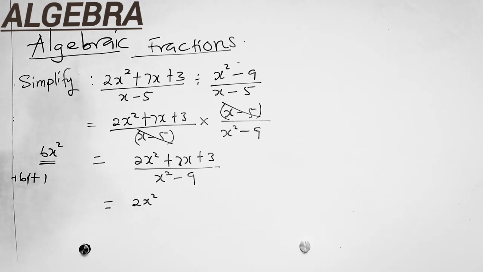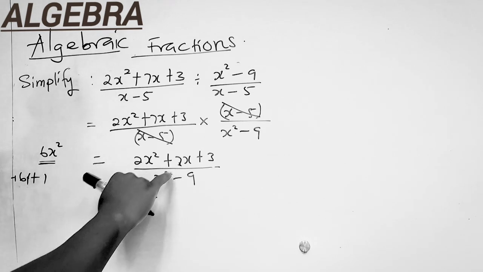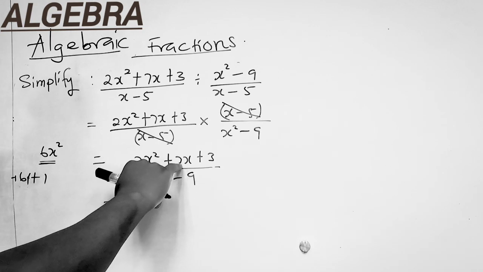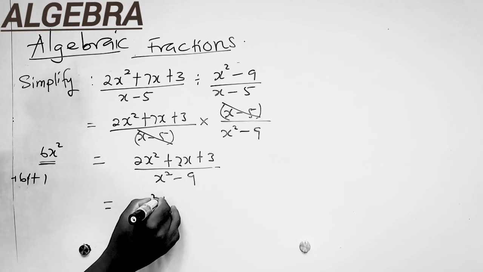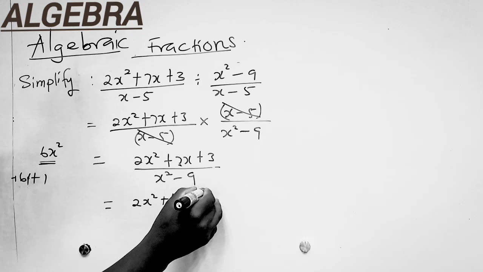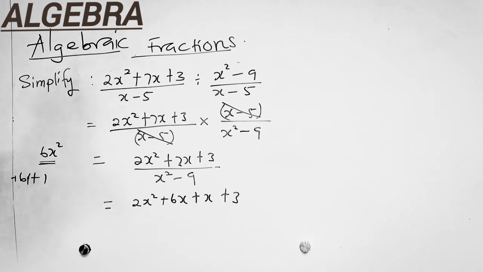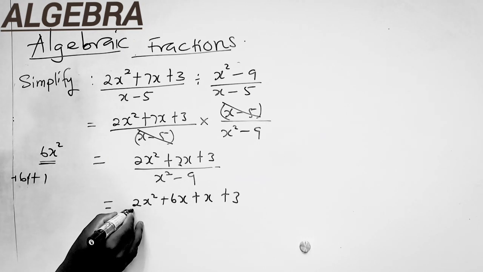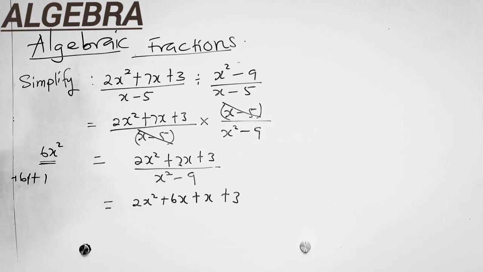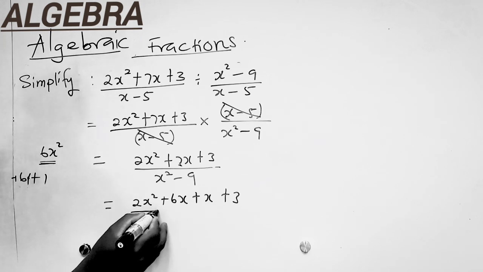Here we are not doing direct factorization, so I need to write down the factors, which means I'm substituting 7x with its factors, plus 6x plus x plus this 3. If I add 6x plus x, I get 7x. Why am I doing this? I'm trying to do group factorization.